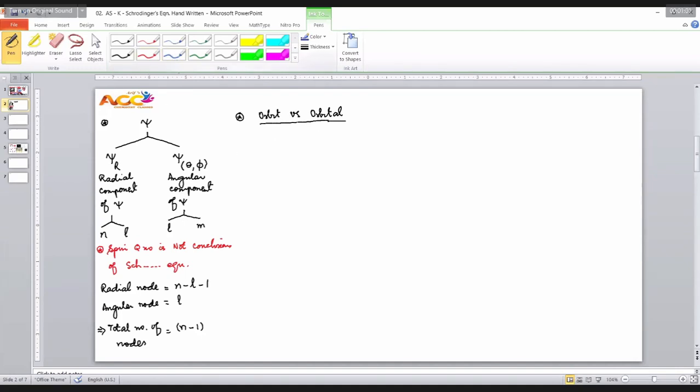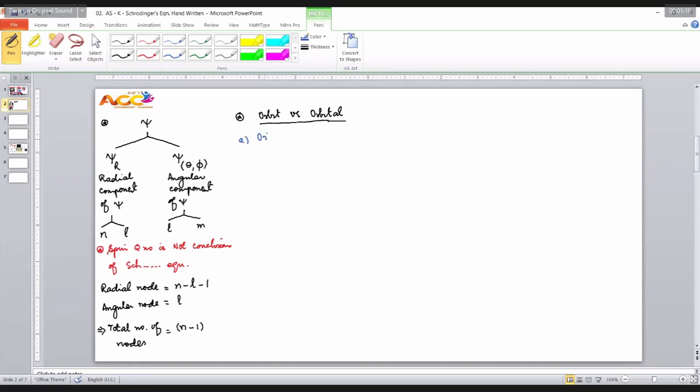Very simple and systematic way. I'll take the minimum number of points which are required for IIT students. However, just follow the NCERT and check what it has said. I'll take my requirement with respect to my examination point of view. Orbit. What is orbit?